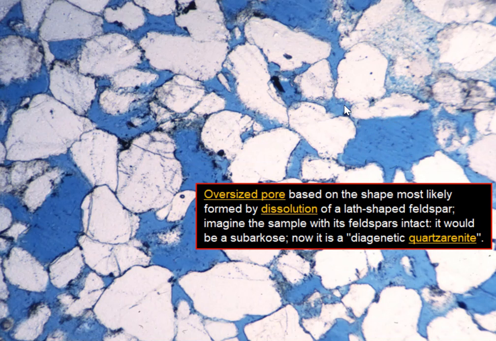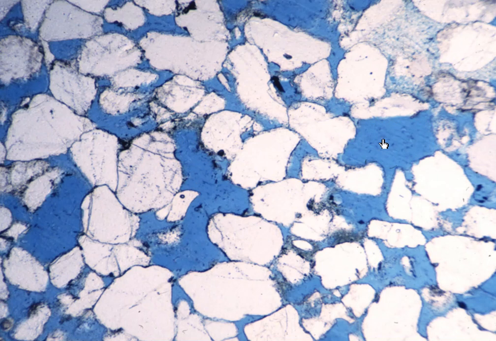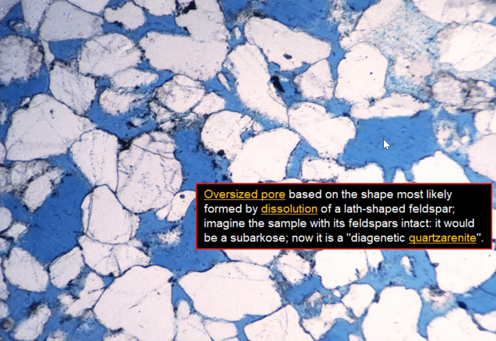Let's make sure we read all that. Okay, so this rock initially would have been an arkose or a subarkose because it had some feldspar and a lot of quartz, but now because of diagenesis it has far more quartz rather than feldspar, so they call it a quartz arenite.